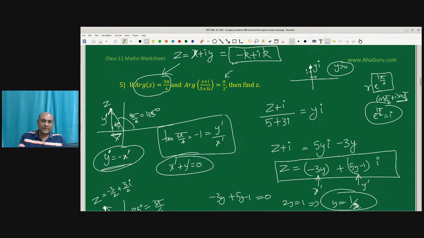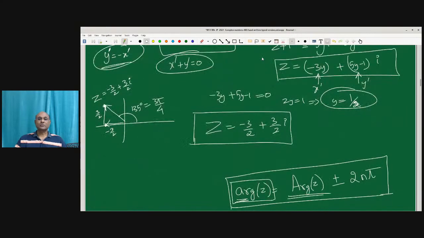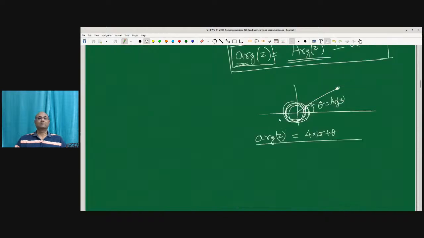Then you substitute that here and see that this must have an angle of pi by 2. You could have started here and ended up there. But because it was pi by 2, I started there and ended up here. I didn't have to worry about two variables right in the beginning. I start only with one variable. Here also I have only one variable. Both are equivalent and both will give you the answer. So there's only one value for z, minus 3 by 2 plus 3 by 2 i.